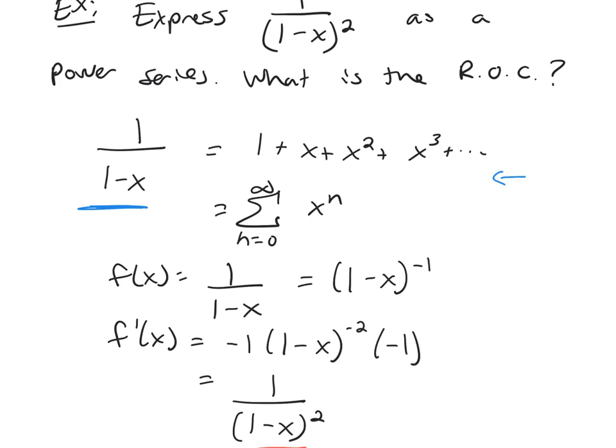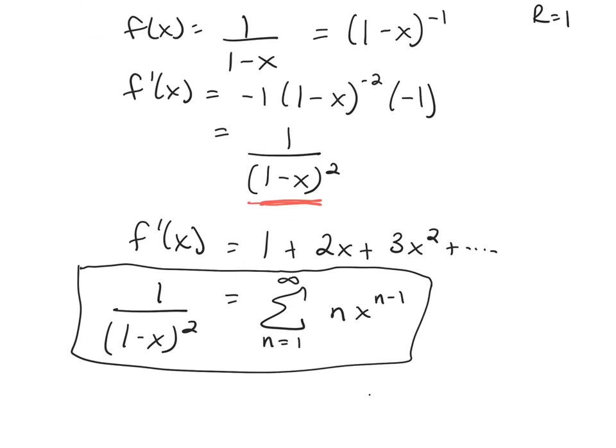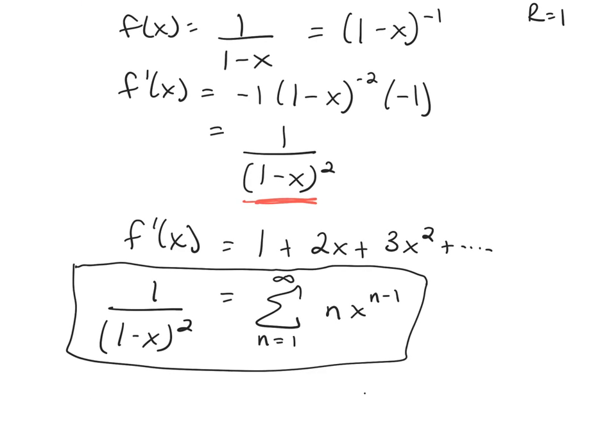And I know for this one, the interval of convergence is -1 to 1, which tells me the radius of convergence is 1. And I said when you take a derivative or when you integrate, your radius of convergence stays the same. So down here, this power series has to have the same radius of convergence as that one. So my radius of convergence is r equals 1.